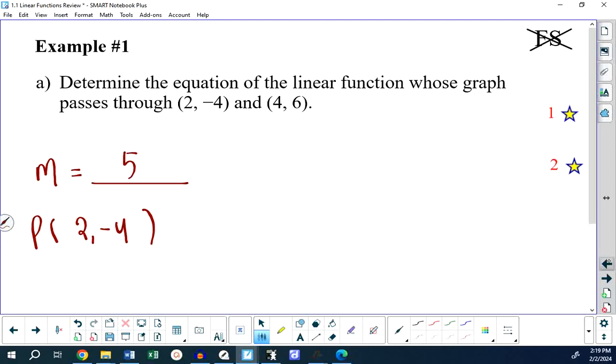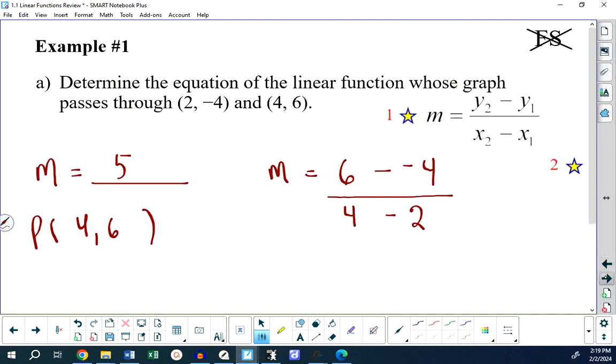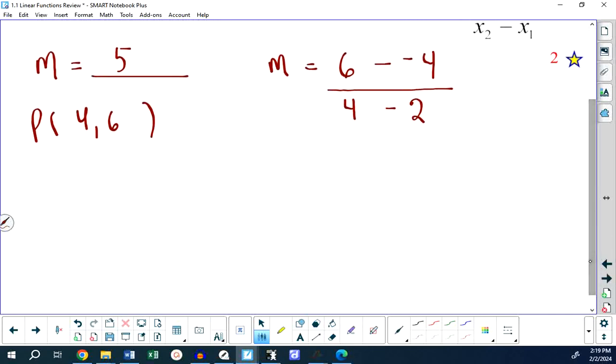Okay? If we go with this, which is what I said we're going to go with, I'm telling you that you should be using this formula, which is the point slope formula, I like to call it, to determine the equation of the line.